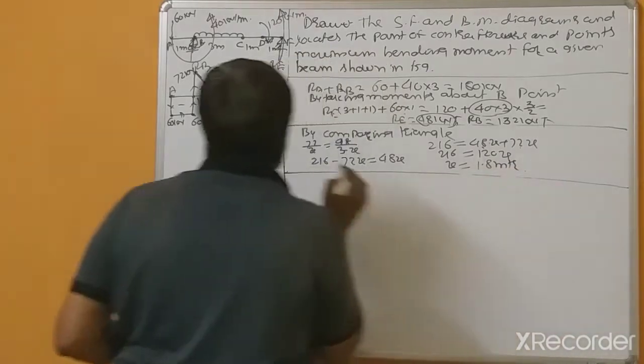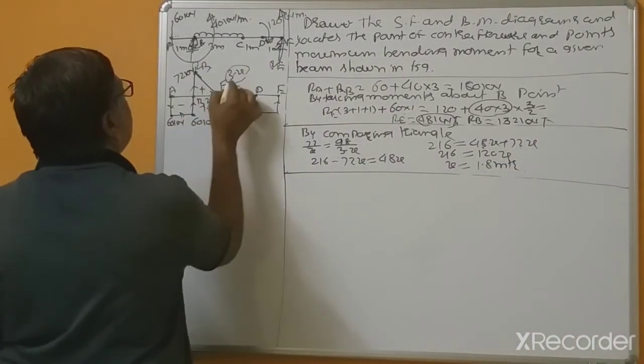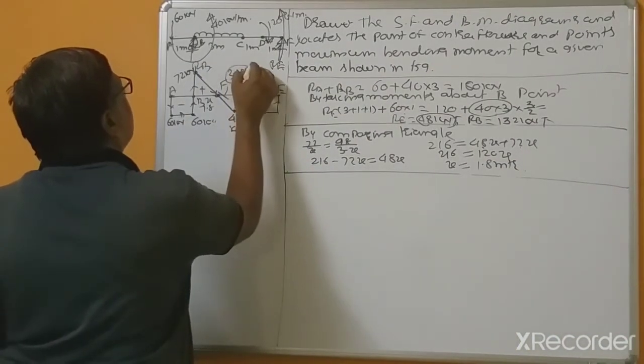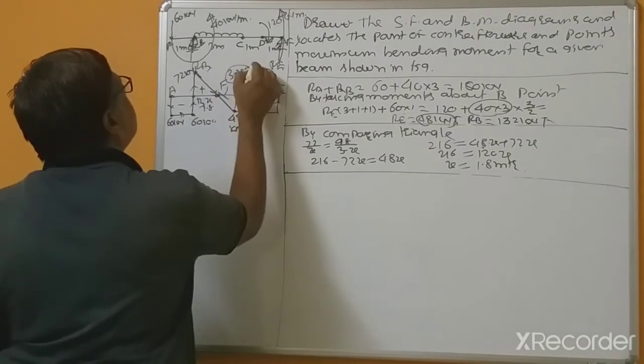And this distance equal to 1.8, and this distance, as this is 3 meter, means 1.2 meter.